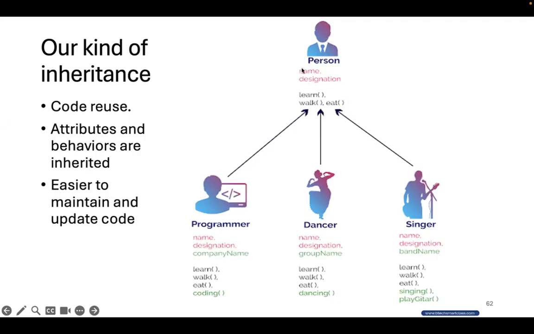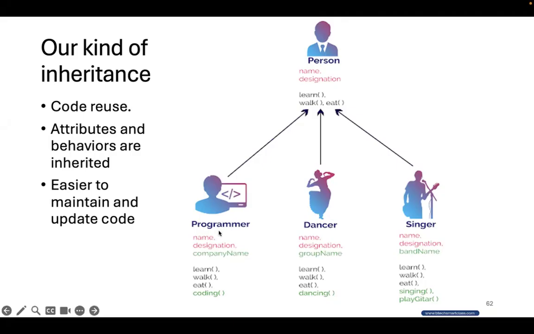We'll look at where a person has a name, an age, and an address, a place they live at. And so the methods could be person learns, person walks, person eats, things a person can do, right?